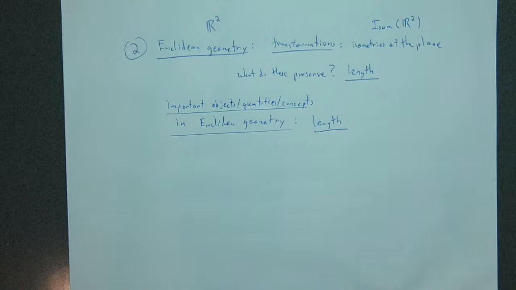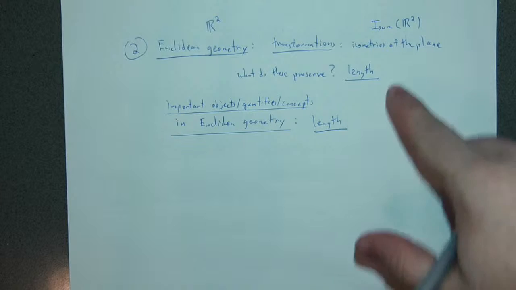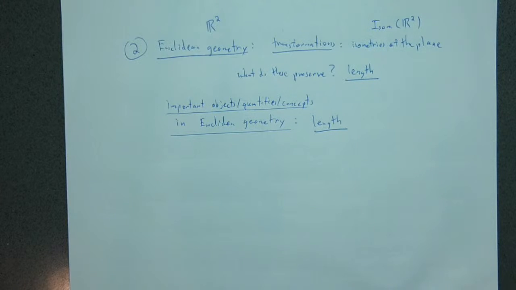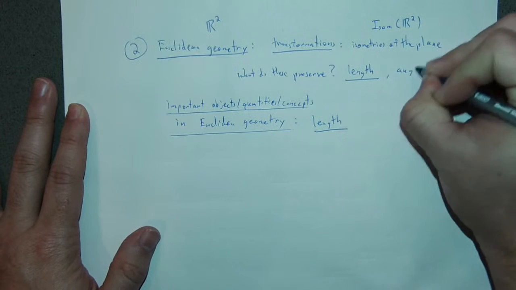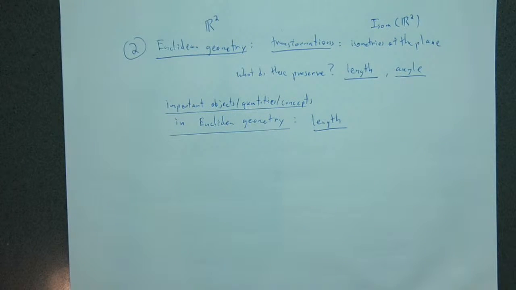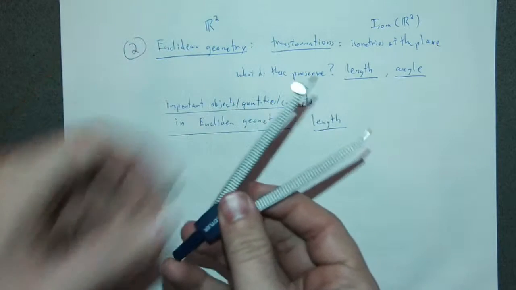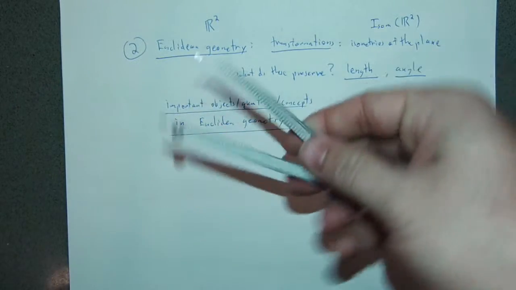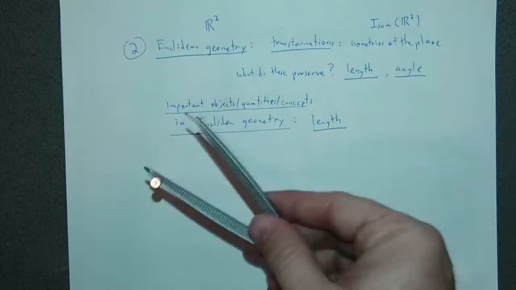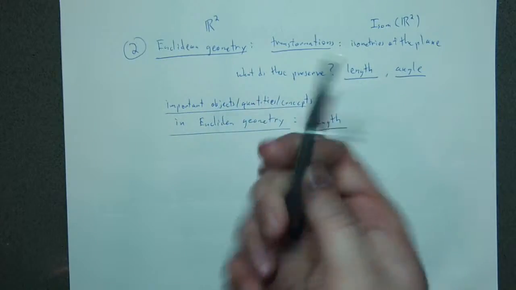Okay. Now, that is how isometries are defined, but it turns out that even being defined as just something that fixes length, this is not the only thing that is fixed by isometries of the plane. All right, what do isometries of the plane also fix? Angle. Right? If I have an angle given to me in the plane, or in any Euclidean space, but we'll say the plane right now, so here's my angle. Well, I can rotate that angle, I can translate that angle, I can reflect that angle.